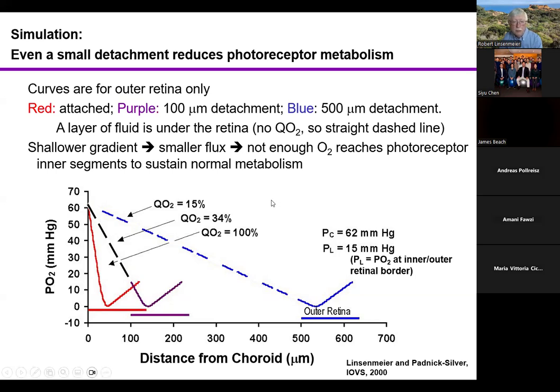And the numbers are this high, actually, mainly because we're assuming that in the inner retina, the retinal circulation rides along with the detachment and is functionally normal. So the situation could actually be worse if the retinal circulation is compromised as well.